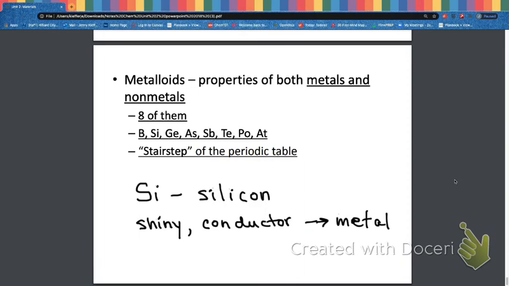But it's also very brittle, meaning that if we hit it with a hammer, it breaks into pieces. So it has a mixture of properties. Every one of the metalloids has a different mixture of metal and non-metal properties. They used to be called semi-metals because they've got this weird mixture. Silicon is just one example.